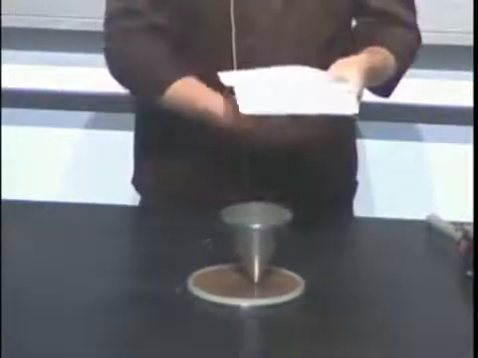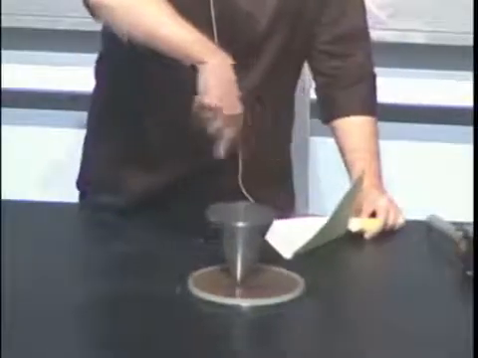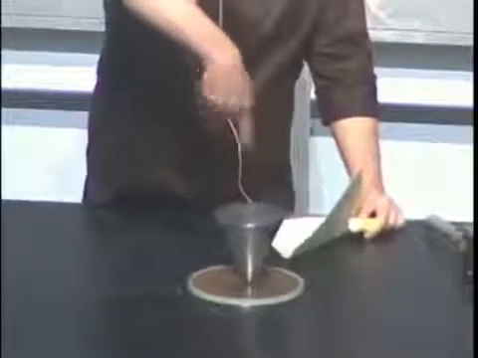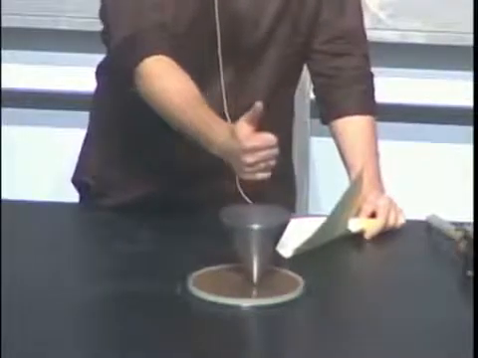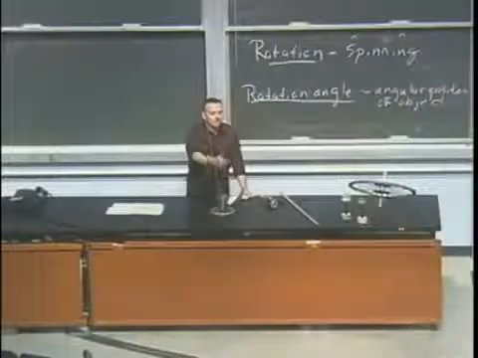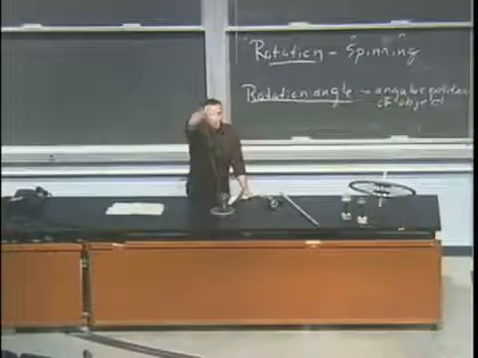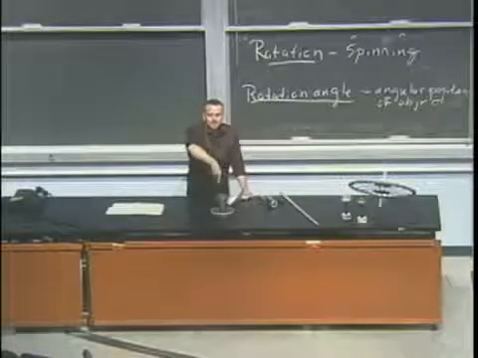Okay. And there is a unique direction for this object, which is every part of this top is spinning. Actually, it's spinning in this direction. Every part of this top is spinning in a circle around an axis, which is defined up and down through this table in the up and down direction. We're going to call this the axis of rotation. So every point of this object is spinning around that.